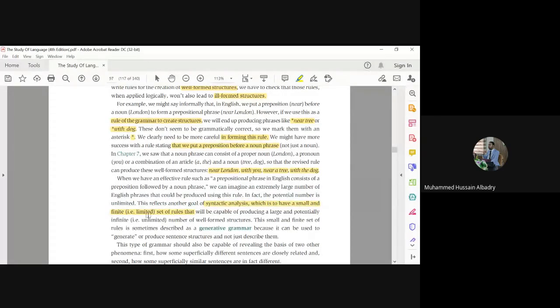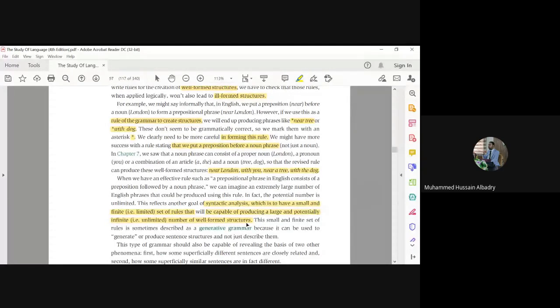We have a limited set of rules. These rules will be capable of producing a large, infinite, unlimited number of well-formed structures.